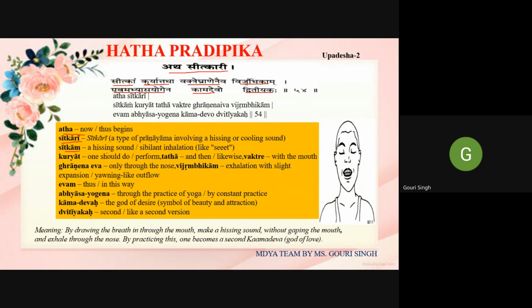Sitkam means whenever you are making a hissing sound, that is called the sitkam. Kuryat means whenever you are performing a sound. Bhaktre here means the mouth. Grana is another term for the nose, because we smell through the nose; the Sanskrit word for smell is grana.